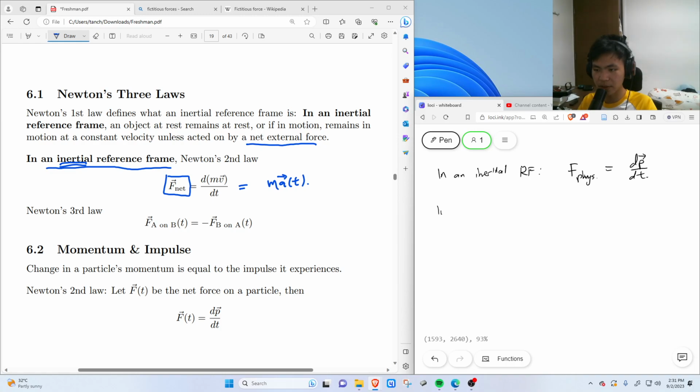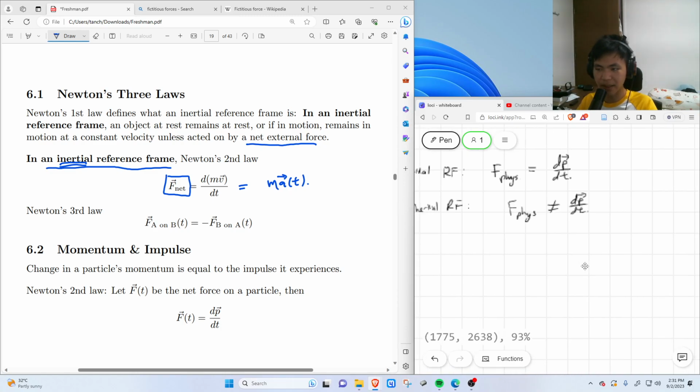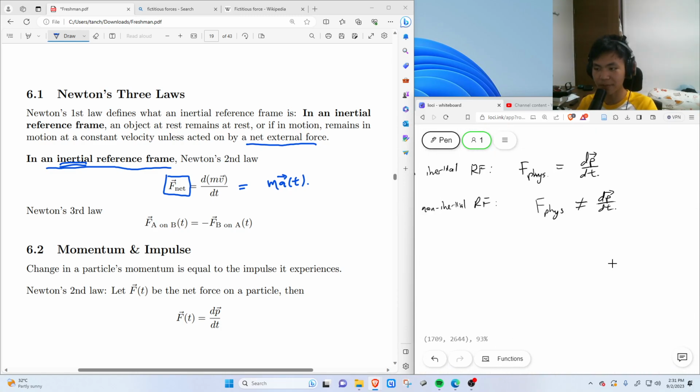However, in a non-inertial reference frame, this does not hold. The physical forces do not equal the change in momentum. And of course, this is a statement about inequality, and that's useless. We want to find equations that tell us exactly what things are equal to. So we actually have to modify this in order for it to still hold.